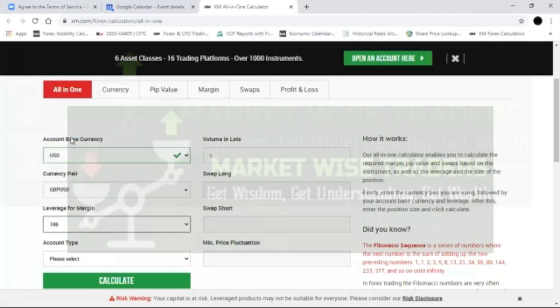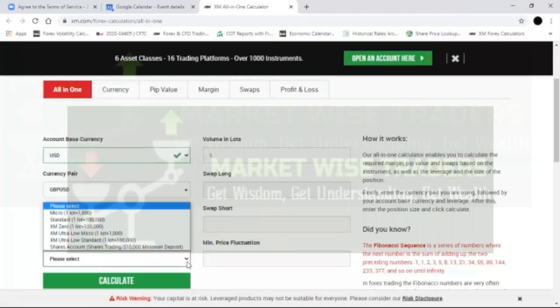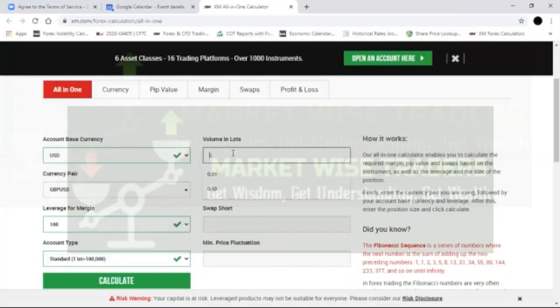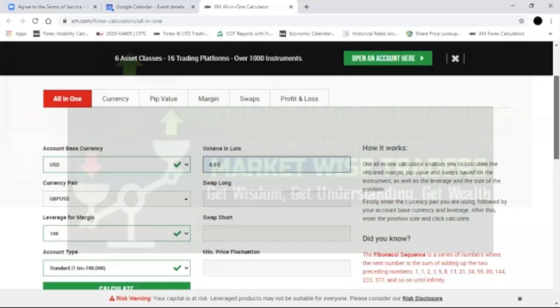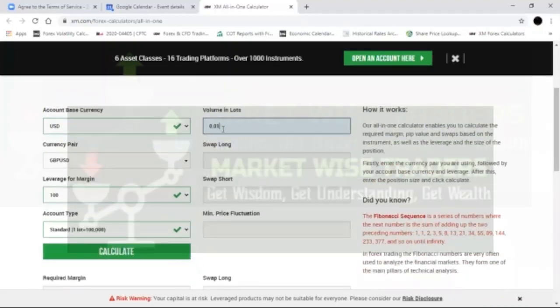Say you want to use 100 to 1. The account type is a standard account. So there you have your lot sizes. Let's say the micro lot, you want to trade 0.01, you just go to calculate.